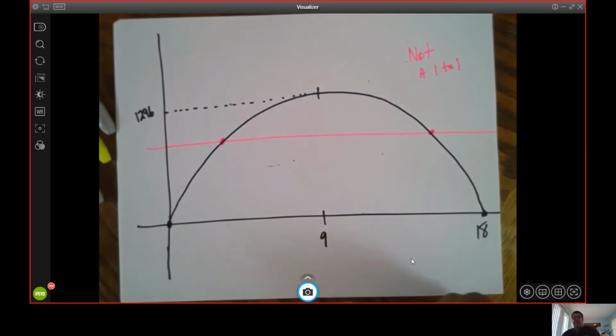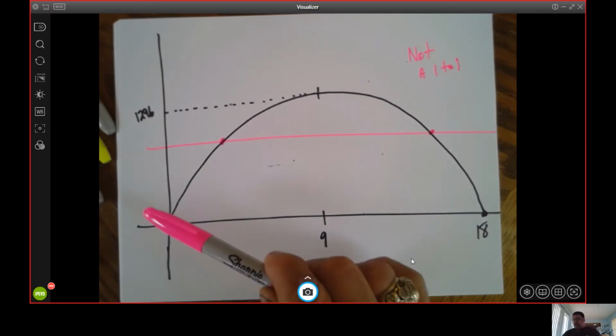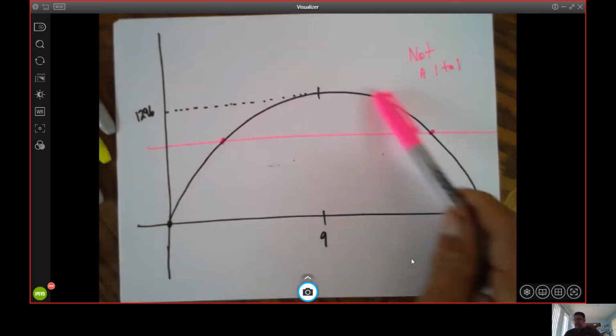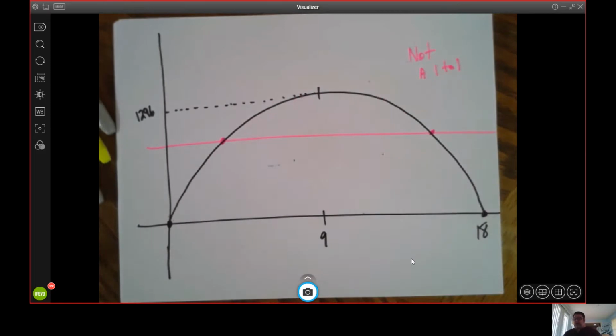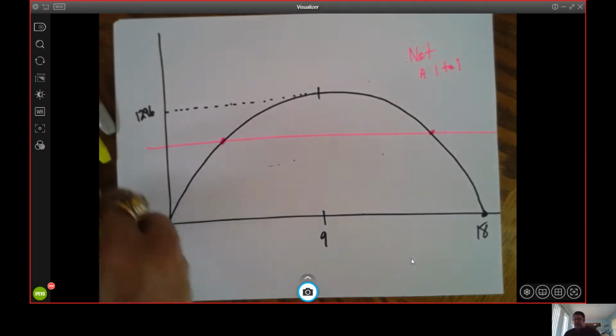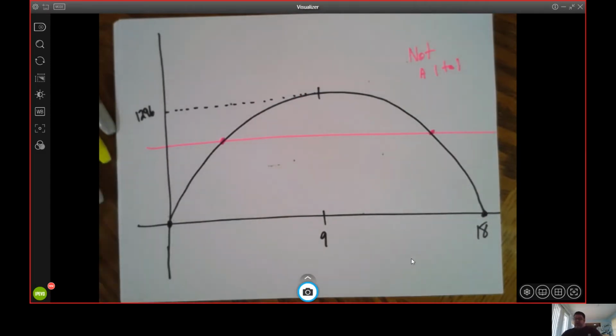A 45-degree angle is a one-to-one function. For every one you go right, you go one up, right up, right up. That's a one-to-one function. This is not a one-to-one function because it goes up this way and then it comes down. So anything that goes up and comes down is not a one-to-one function. So that should be that question.